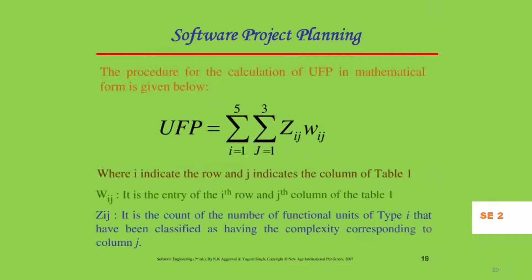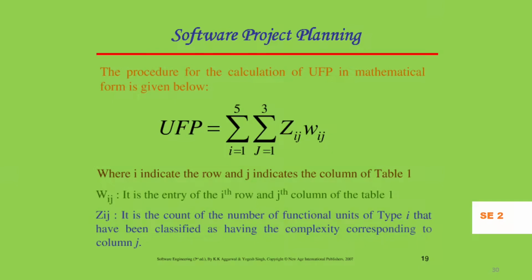The formula for our unadjusted function point is the summation of i from 1 to 5 and summation of j from 1 to 3 of Zij times Wij, wherein i indicates the row and j indicates the column of table 1.